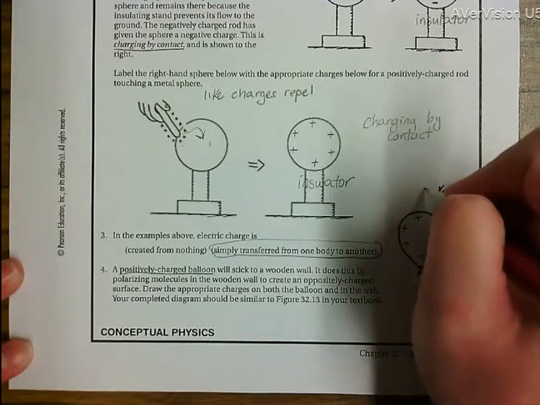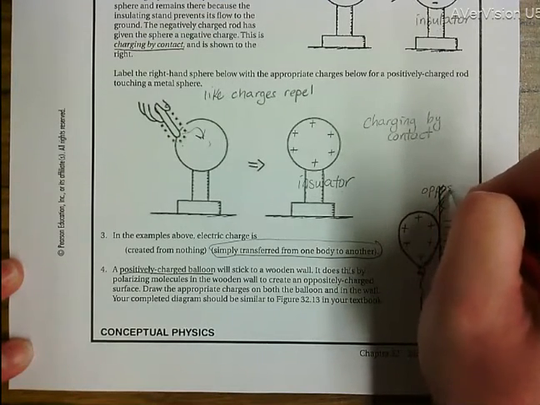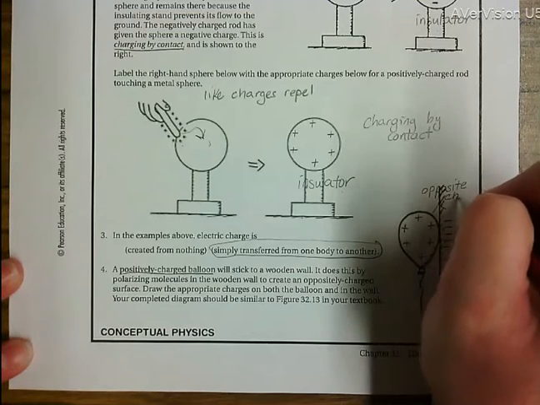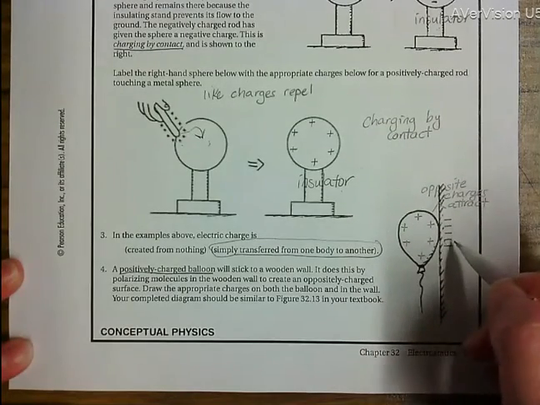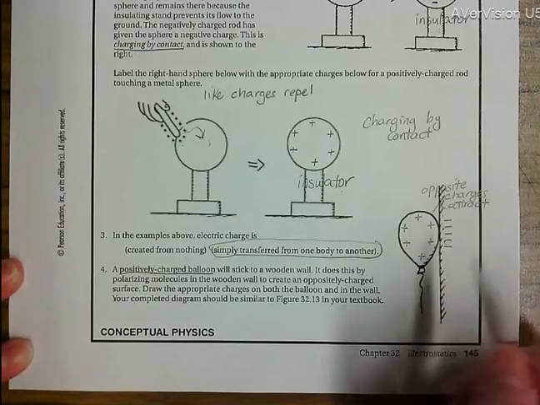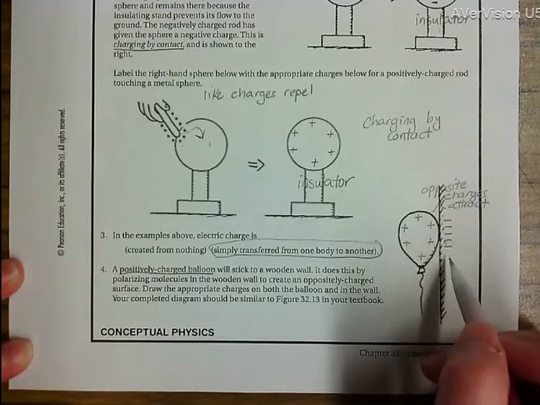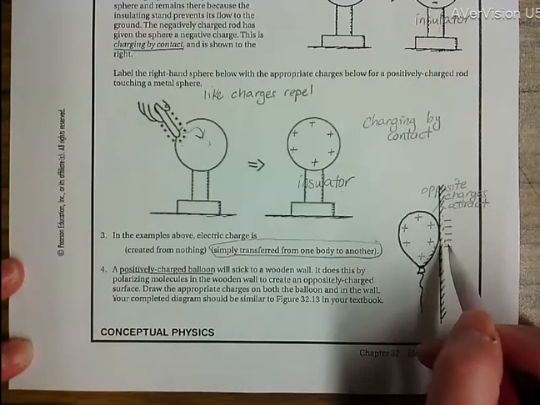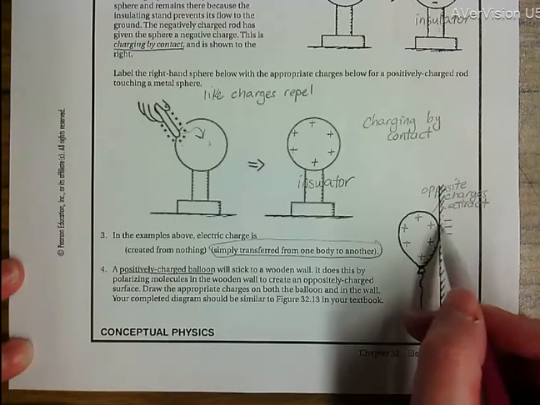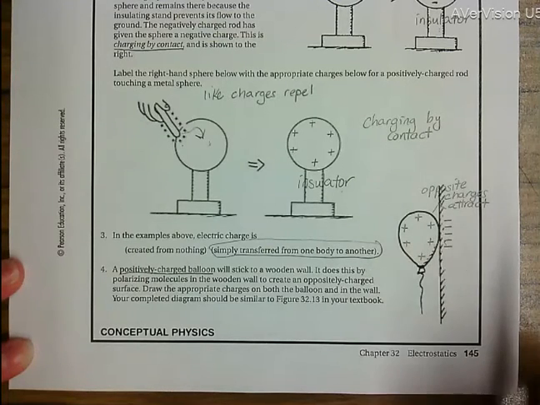Because we know that opposite charges attract. So if this balloon is sticking to the wall, it's doing so because this wall is polarized. The particles that make it up are polarized so that the negative side of those molecules is towards this balloon, which is attracting the balloon to the wall.